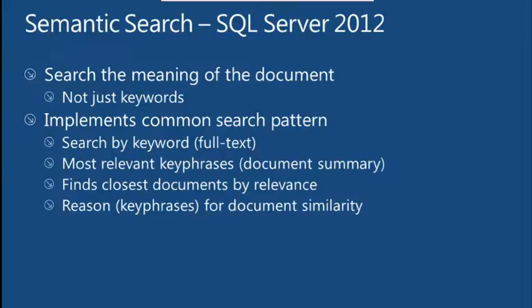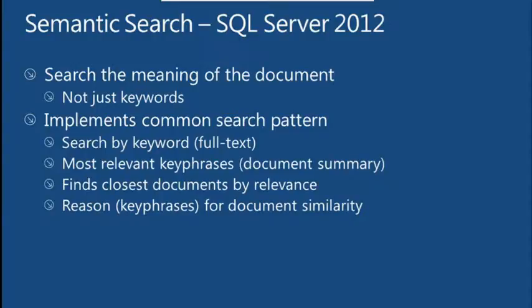Once you've found the most relevant key phrases, you might say, okay, I really only want to use document number 1, document number 3, and document number 7. But what I'd really like to do is find documents that are like document number 1. So if document number 1 is the one I want to look at right away, I also want to find documents that are like that one.